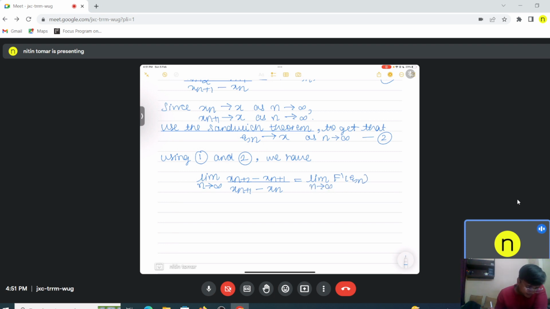Now f prime is given to be a continuous function, so this limit will be f prime of x, which is 0, and this is what we wanted to prove. This completes the proof.